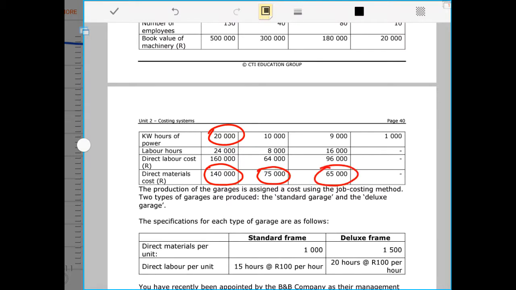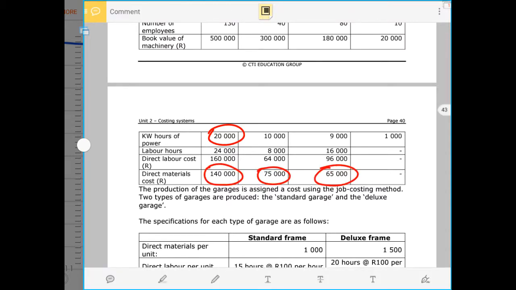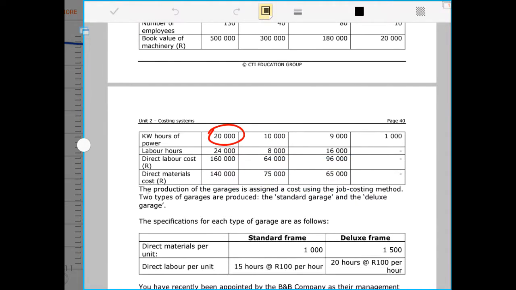There is obviously no direct material cost in the canteen because the canteen is not a production department. Then the production of the garages is assigned a cost using the job costing method.